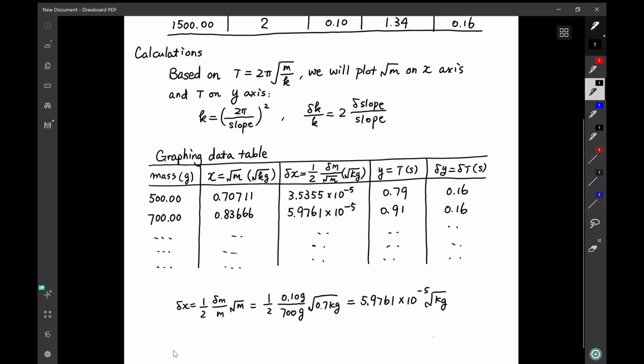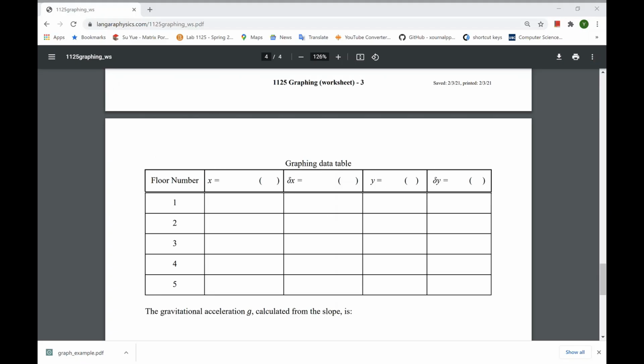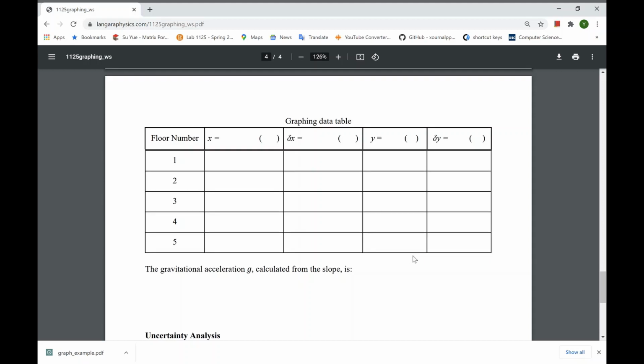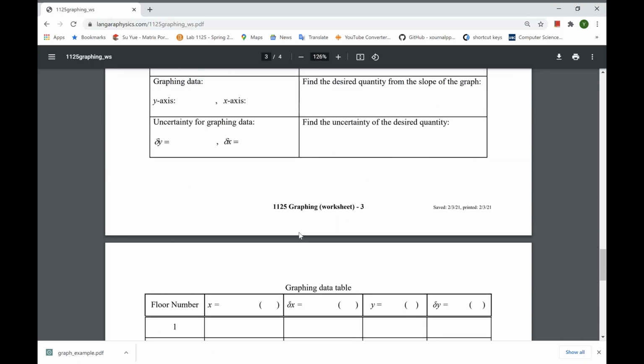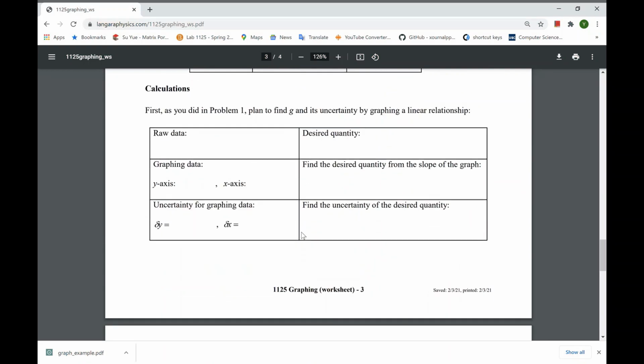And now once you have the graphing data table, you can do the graph. And you'll find on your graph paper best slope, worst slope, and the uncertainty of slope. Once you're there, you come back to your report, to the worksheet, to calculate the gravitational acceleration g based on what you planned earlier, how to find the desired quantity from the slope.